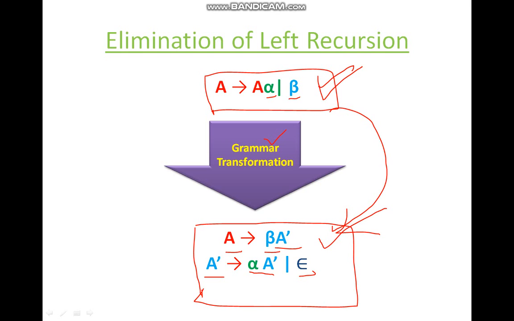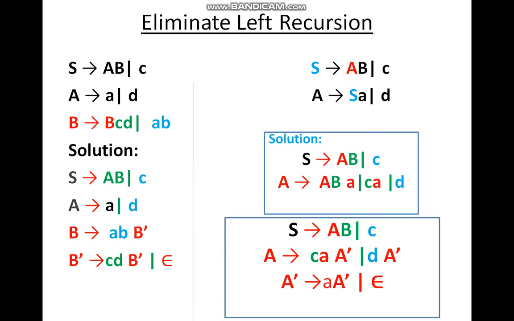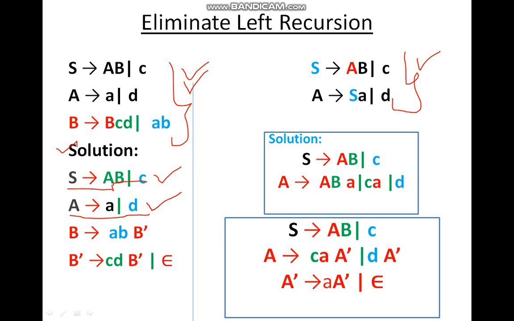Okay, now see its example. This is your question. You need to eliminate left recursion from here, and also from here. First of all, in order to eliminate left recursion from this grammar, see its solution. This is not causing left recursion, that's all right. This is also not causing left recursion, that's all right.